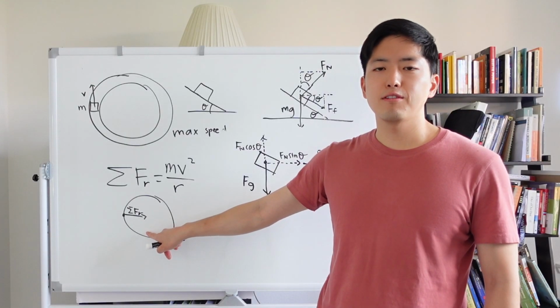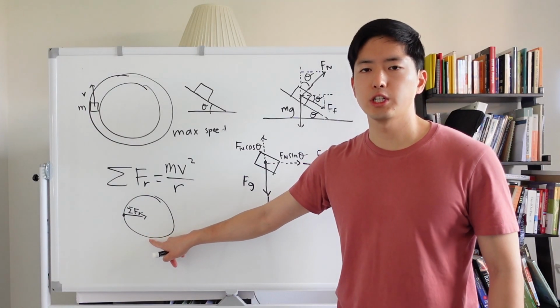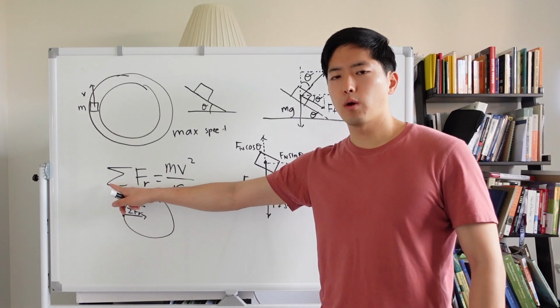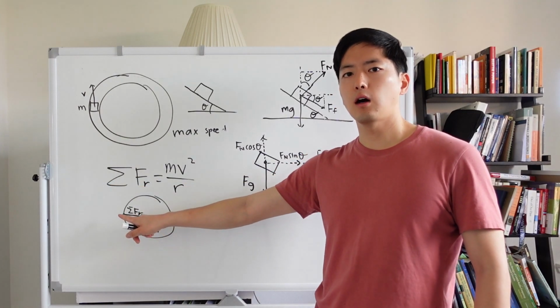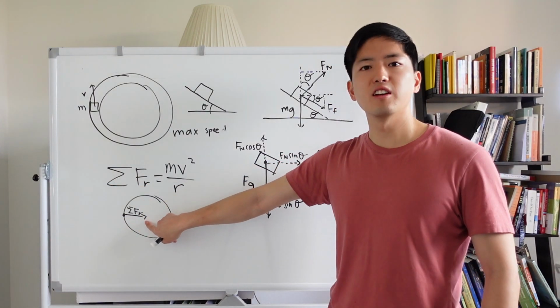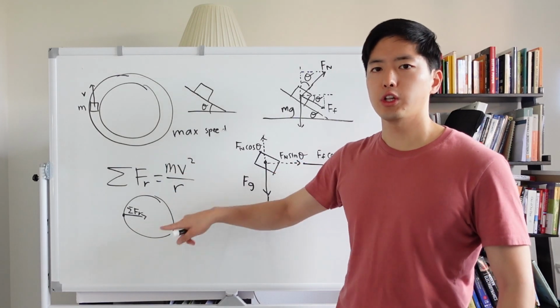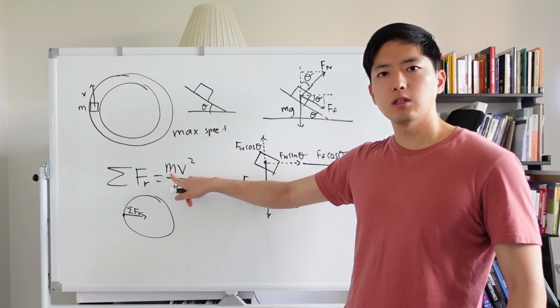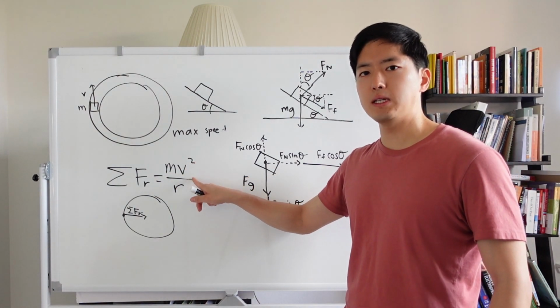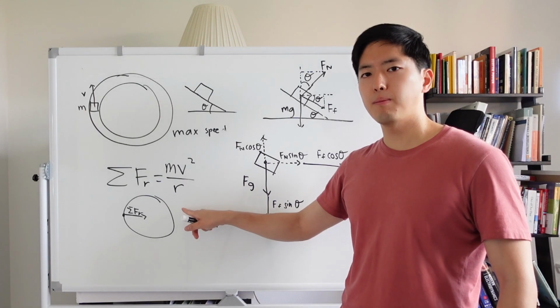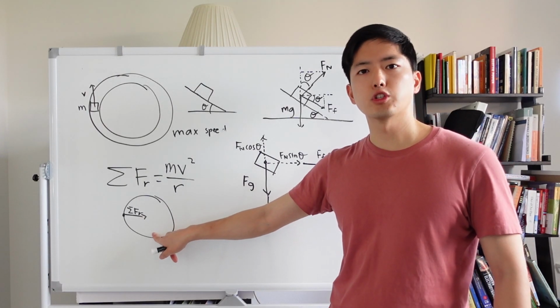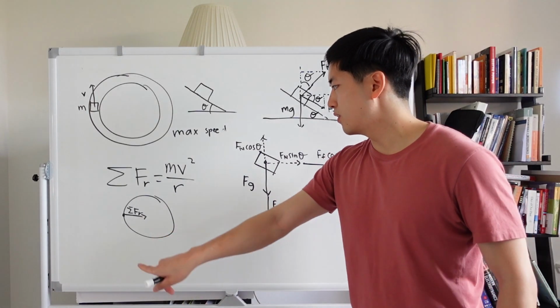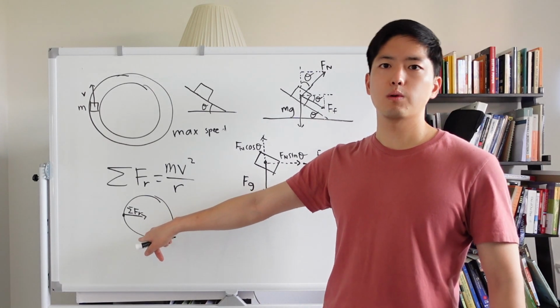So if I have something that is traveling in a circular motion, the net force on the object pointing towards the center of the circular path must equal the mass of the object multiplied by the speed squared divided by r, the radius of the circular path. So this equation is perfect for what we're trying to solve for here.